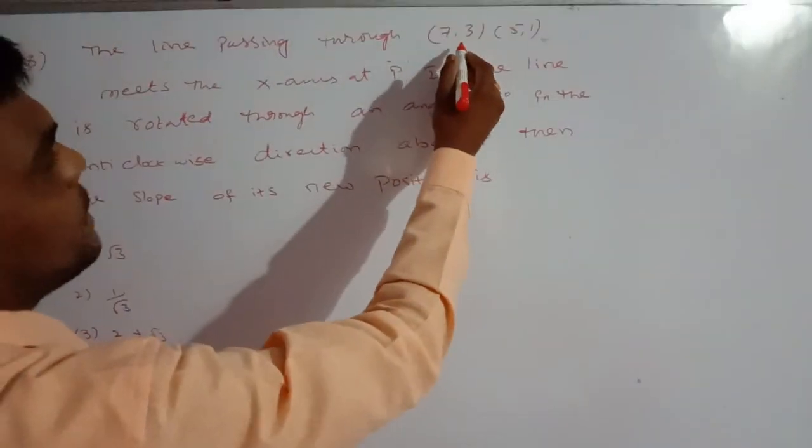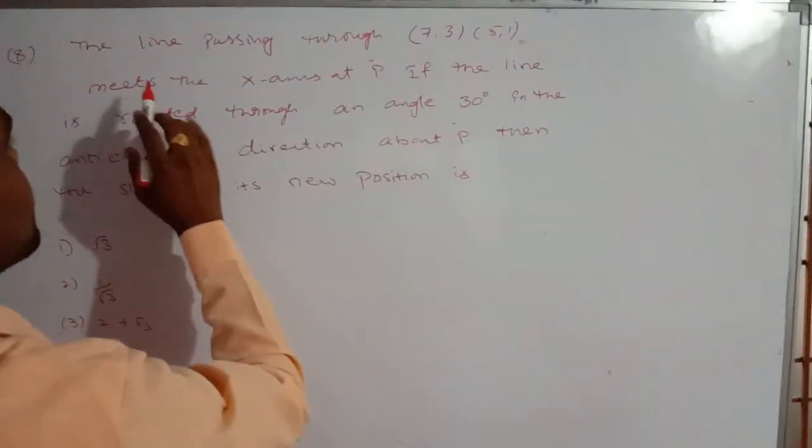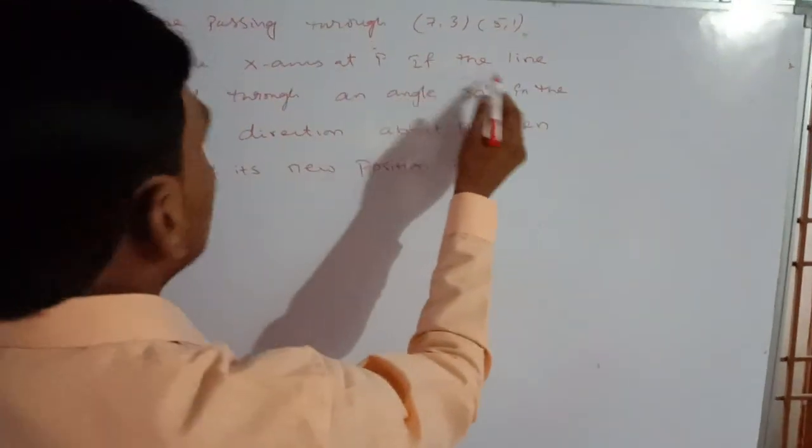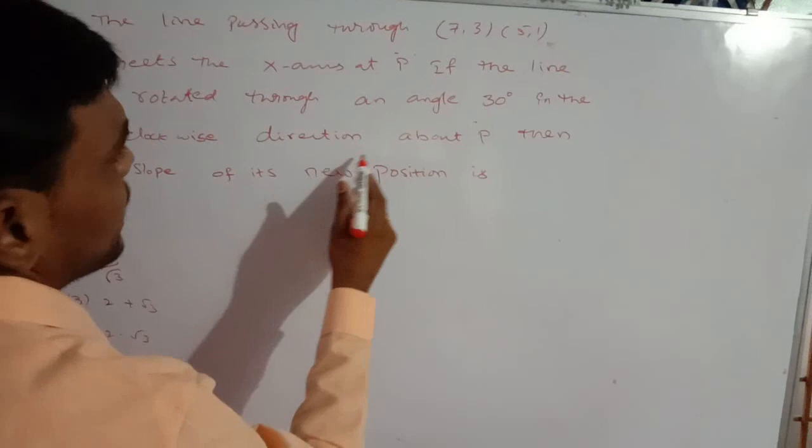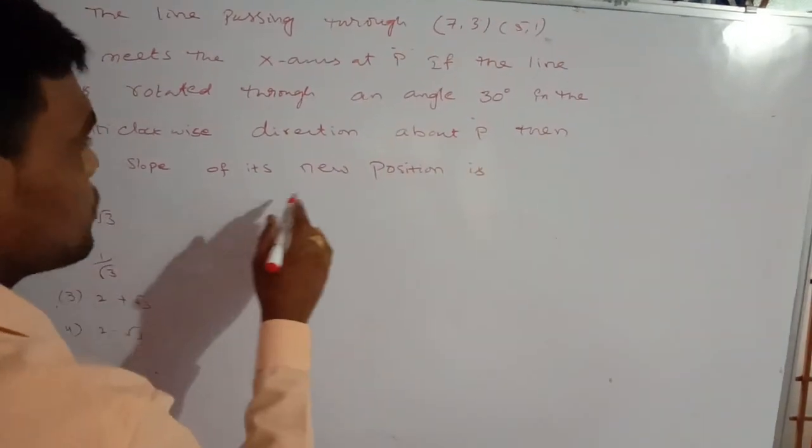The line joining the points (7, 3) and (5, 1) meets the x-axis at P. If the line is rotated through an angle of 30 degrees in the anti-clockwise direction about P, then find the slope of its new position.